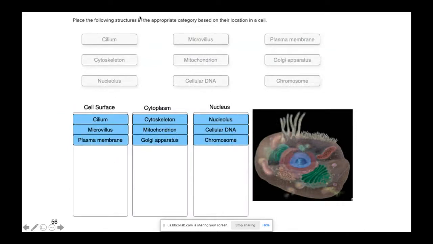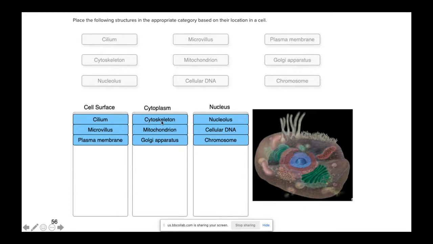Okay, now here it looks like we have to drag these items next to the appropriate box. If it's involved with the cell surface, if it's involved with the nucleus, which is here, or inside the cell for the cytoplasm. So this is basically testing your understanding of the structure. If we're talking about nucleolus, DNA, and chromosomes, those are all linked to the nucleus.